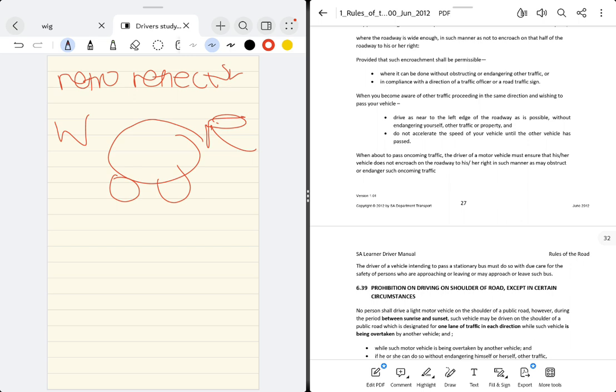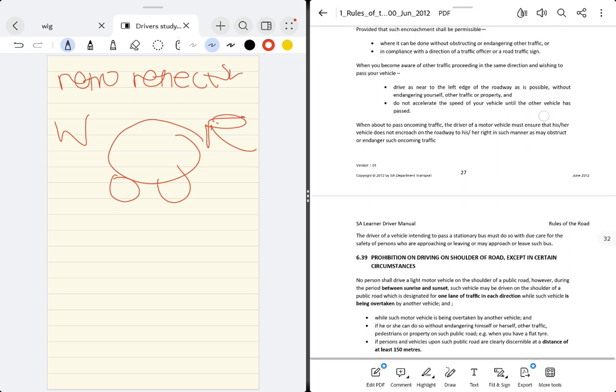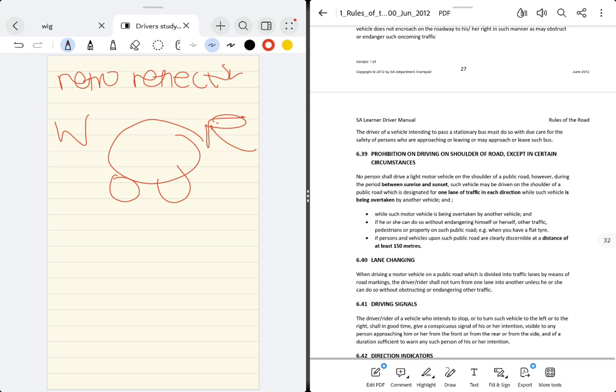When about to pass oncoming traffic, the driver of a motor vehicle must ensure that his or her vehicle does not encroach on the roadway to his or her right in such a manner as may obstruct or endanger oncoming traffic. The driver of a vehicle intending to pass a stationary bus must do so with due care for the safety of persons who are approaching or leaving, or may approach or leave, such bus.